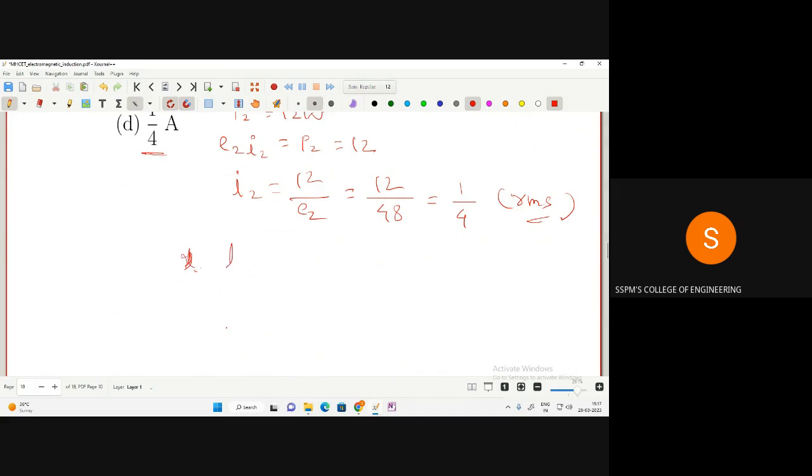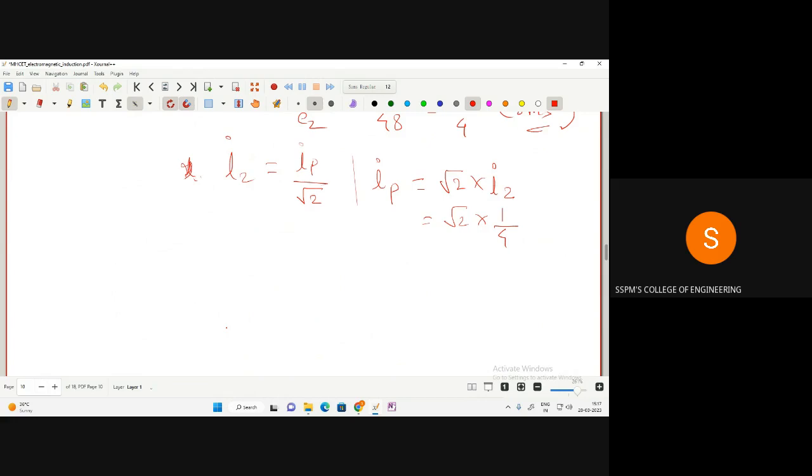The current I2, the RMS value of the current, is peak current divided by square root 2. You will have to use this equation. Peak current IP is root 2 multiplied by I2, where root 2 and I2 is known, 1/4.